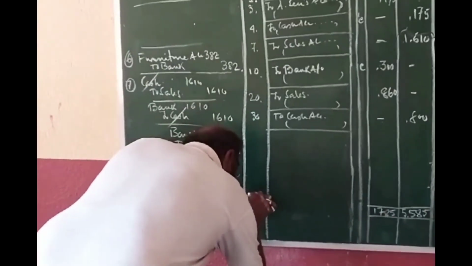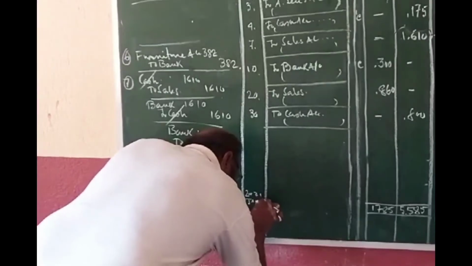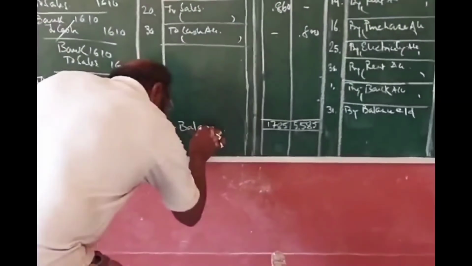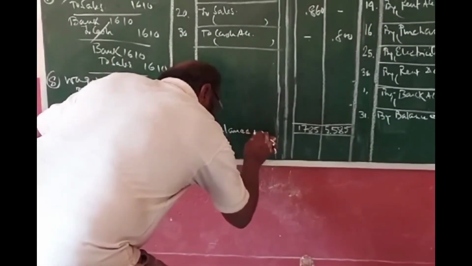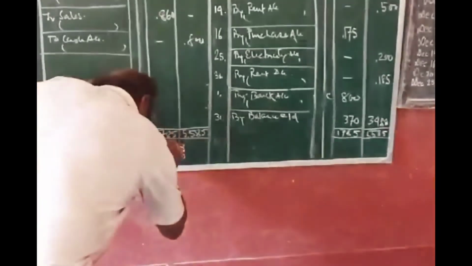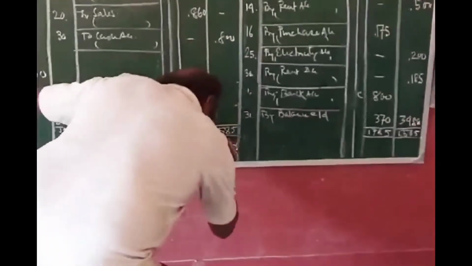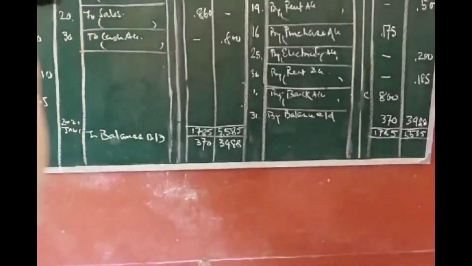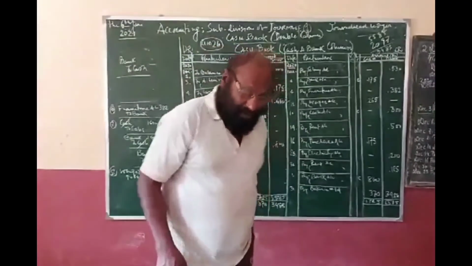On 2021 January 1, to balance b/d, how much? 370 and 3488. So thus we have completed, we have solved the problem.